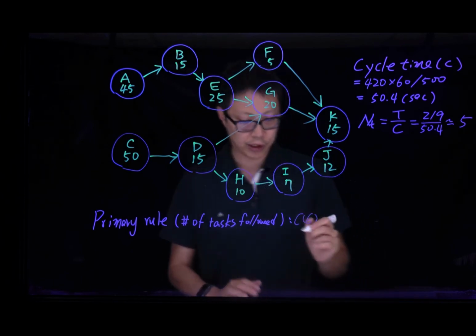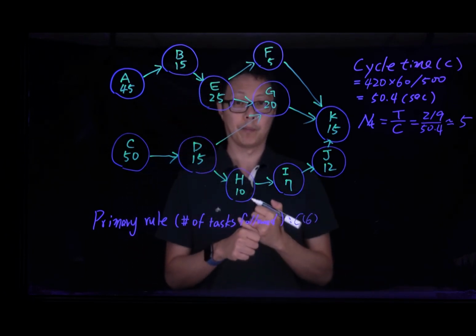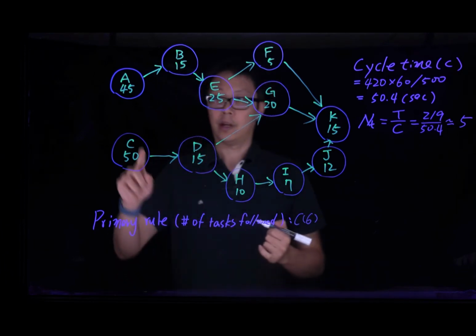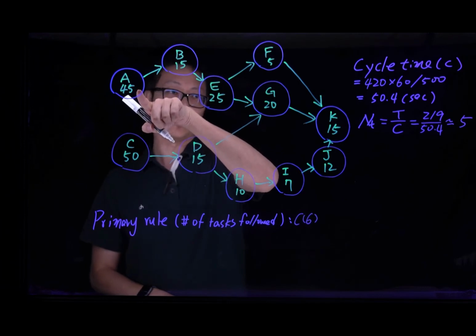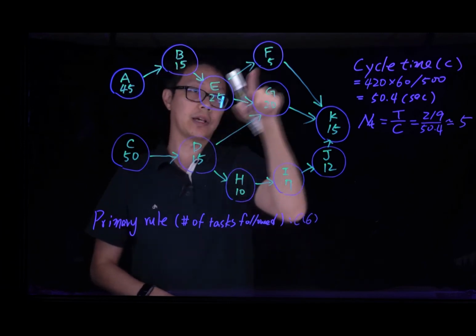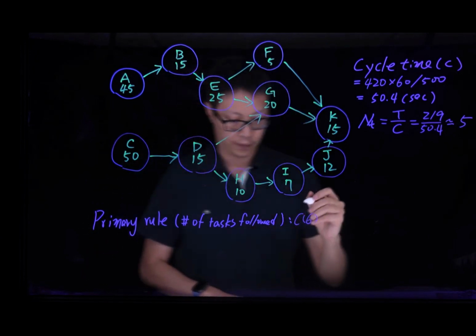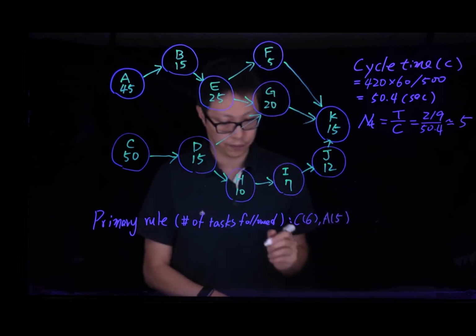We want to do this for every single task, and sort from the one that has the most tasks to finish to the one that has the least. Next, we can check A. After we finish A, we still need to work on B, E, F, G, and K. 1, 2, 3, 4, 5. So for A, I have 5 additional tasks to finish.